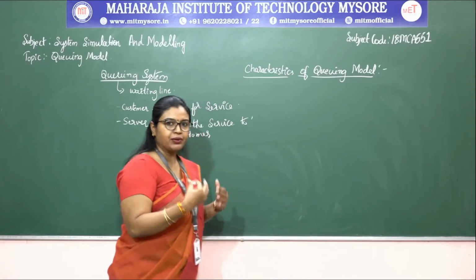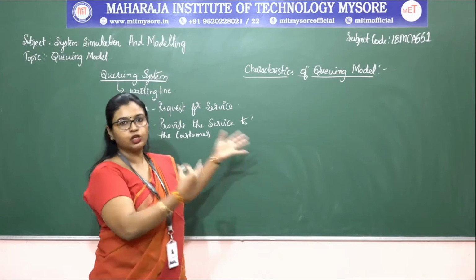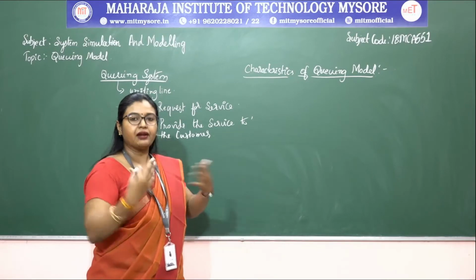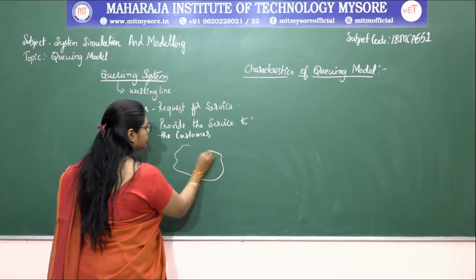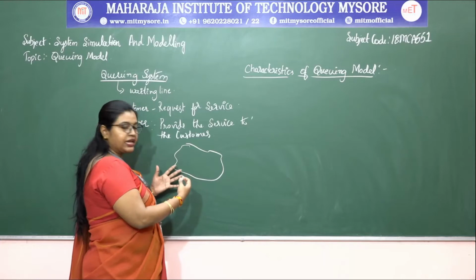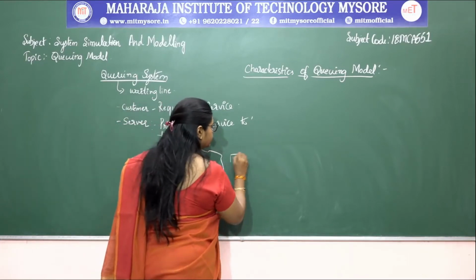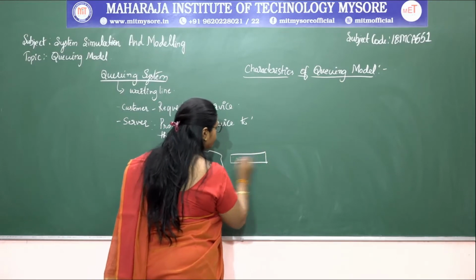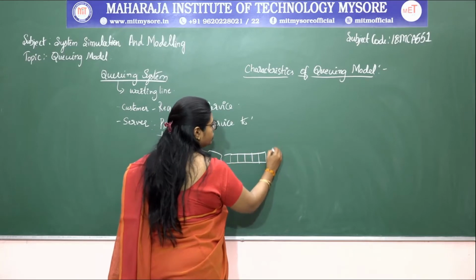Say for example, if I want to represent my queuing model diagrammatically, consider this is the calling population, or it is like a system environment. Here I am going to represent the system with a queue, and then the server.